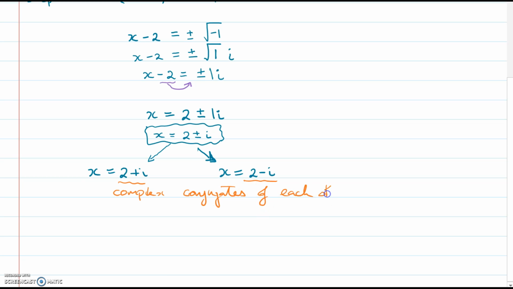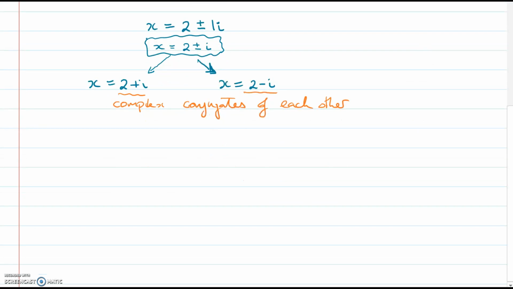Now, it's a known fact about quadratic equations that if they have one complex number as a solution, then the conjugate is also a solution. So complex solutions always come in conjugate pairs. Complex solutions always come in conjugate pairs.